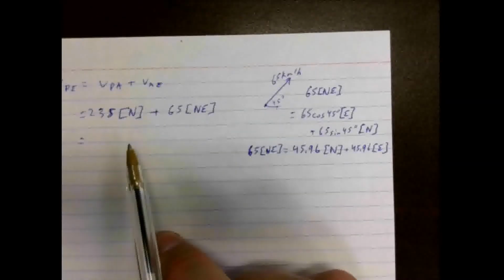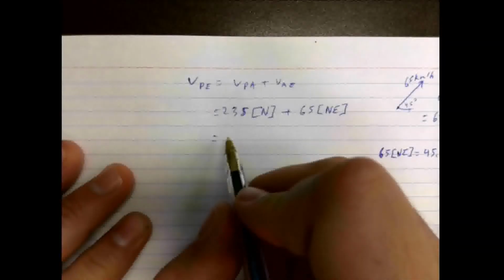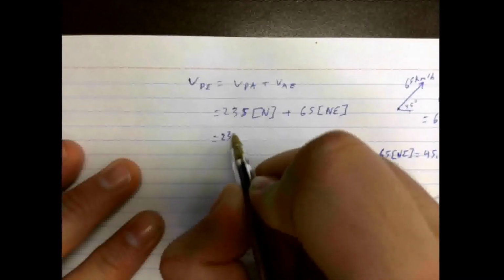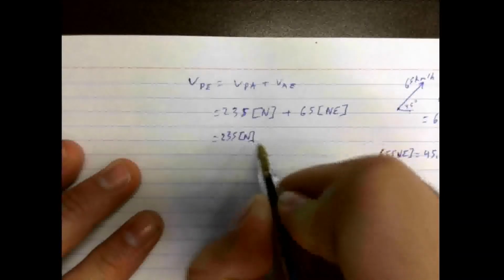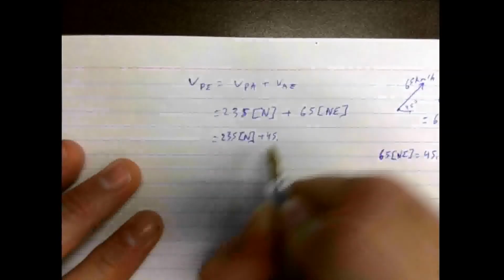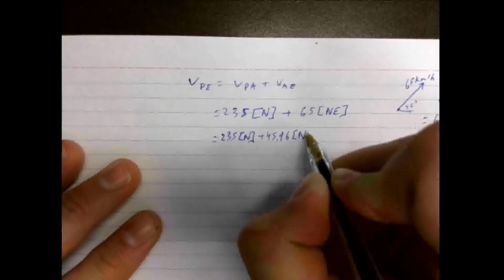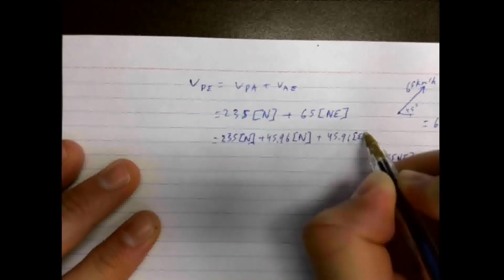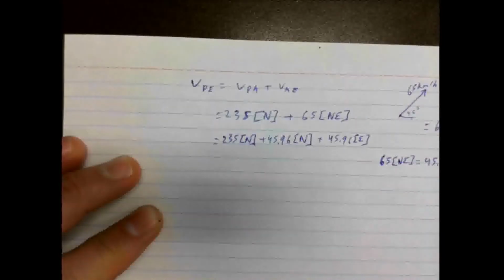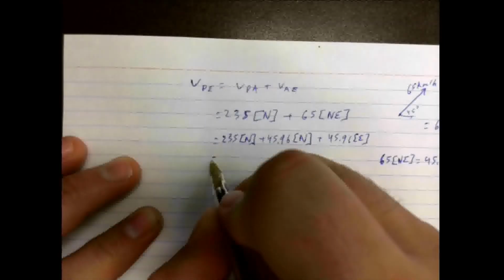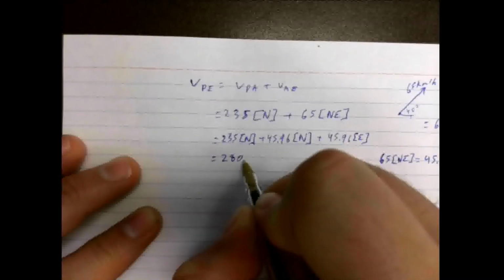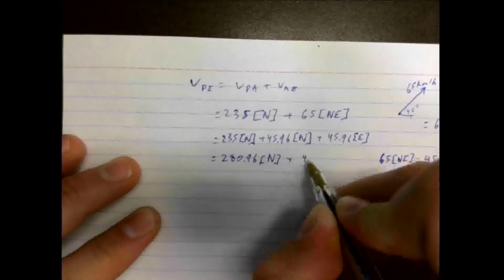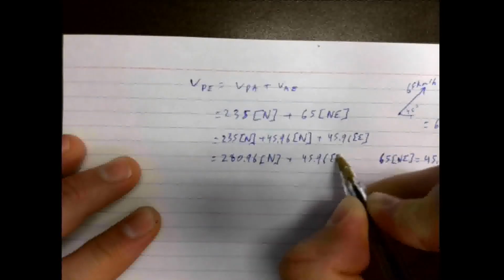So putting that back into this equation, 235 north plus 45.96 north plus 45.96 east. That becomes 280.96 north plus 45.96 east.